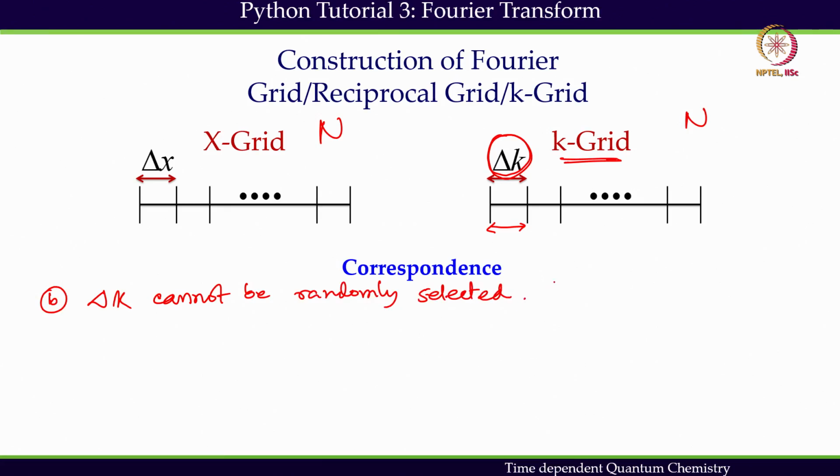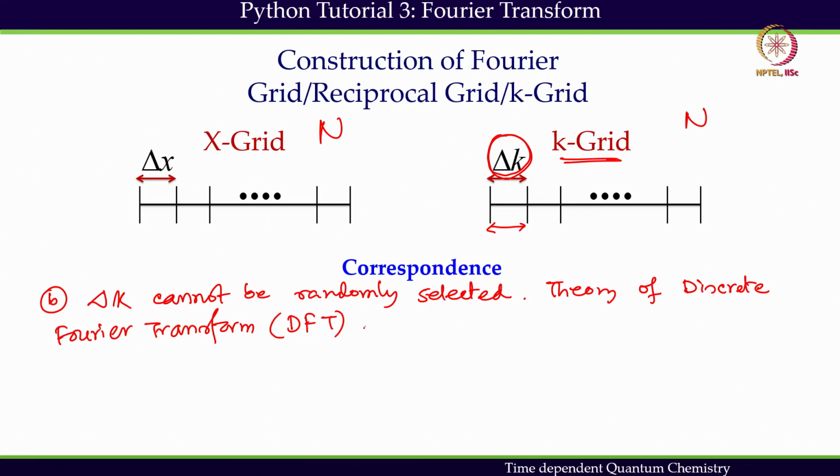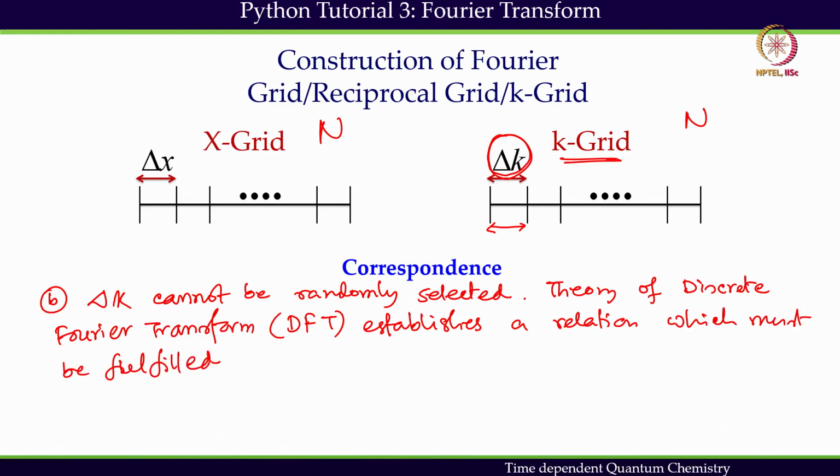In fact, the theory of discrete Fourier transform, abbreviated as DFT, establishes a relation which must be fulfilled while transforming this x grid to K grid.